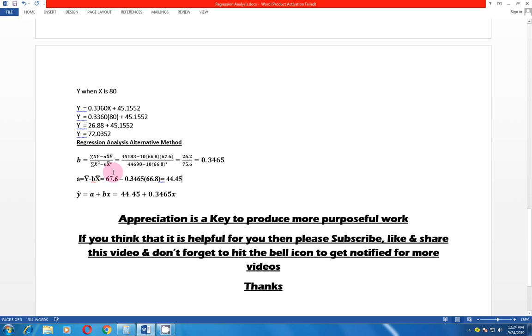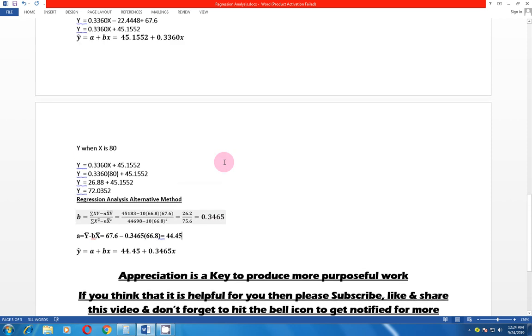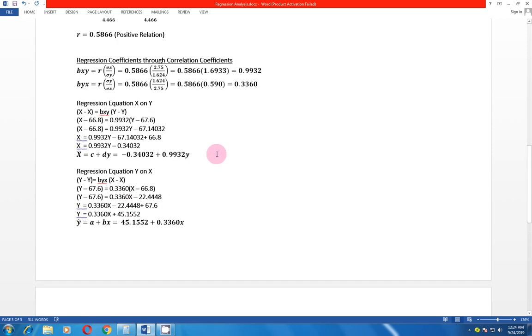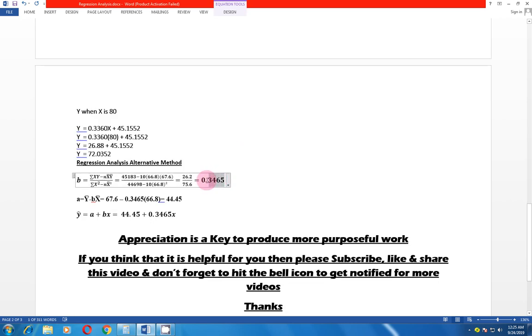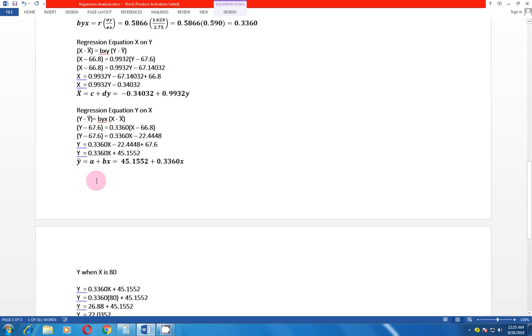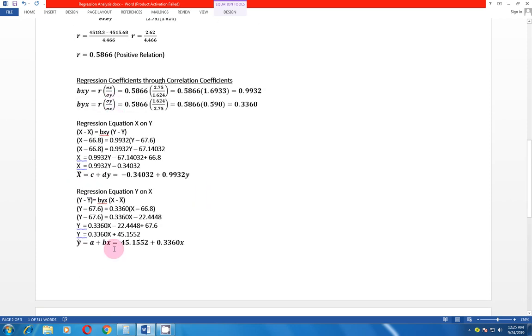After putting the values in this formula, the answer is 0.3465. As you see, in the previous method beta y on x is 0.3360, which is very close to this method. In my point of view, this method is easier.